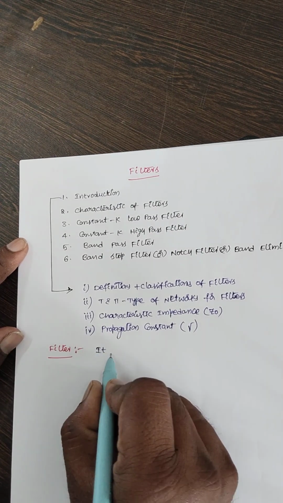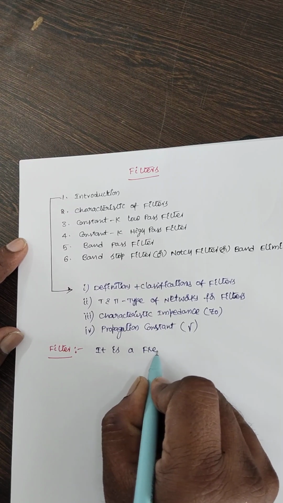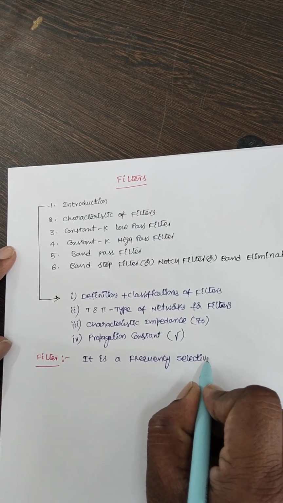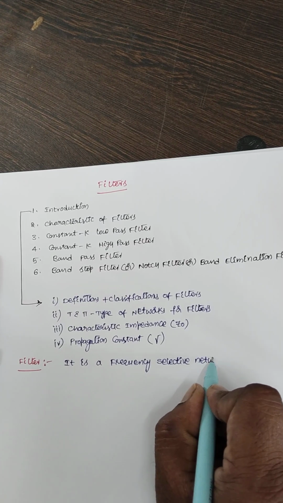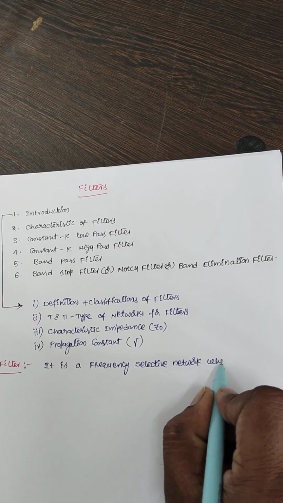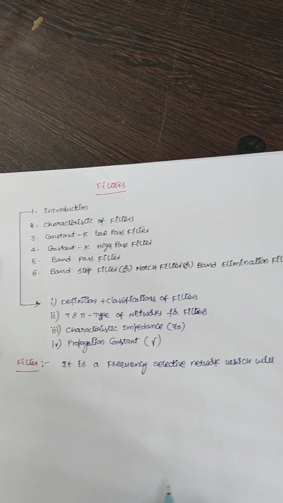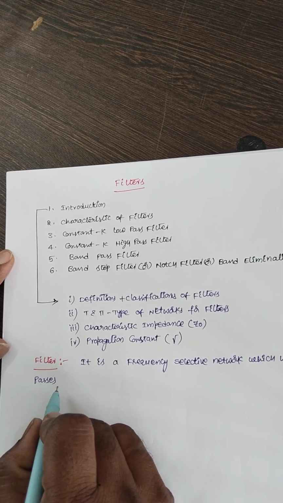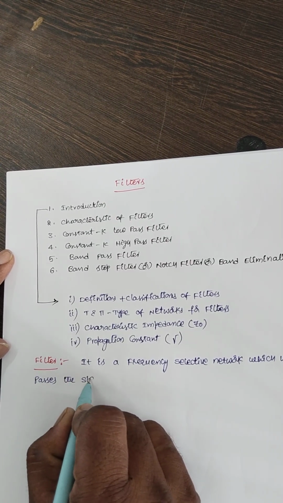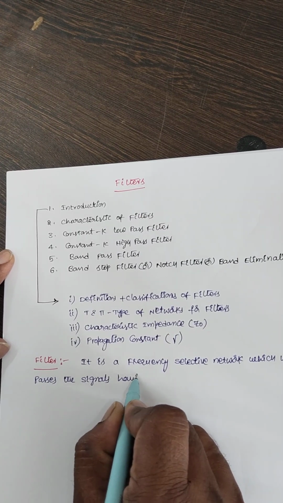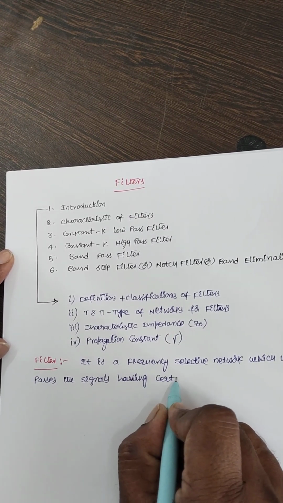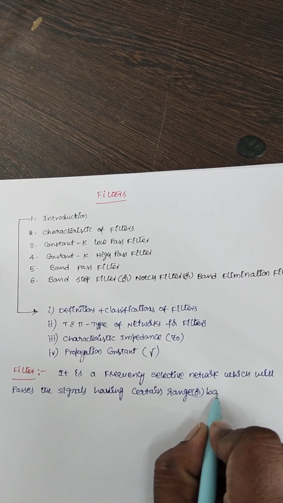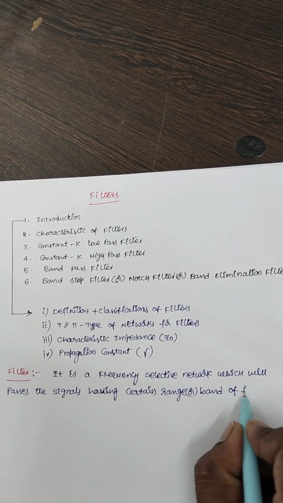It is a frequency selective network which will pass the signals having a certain range or band of frequencies.